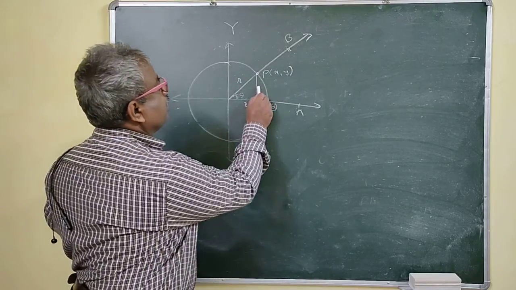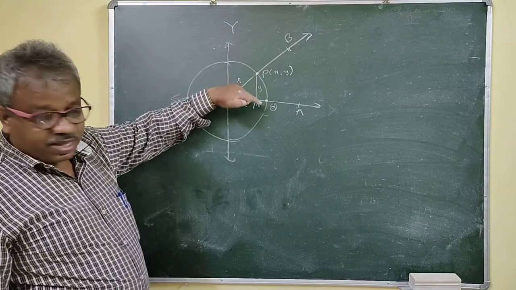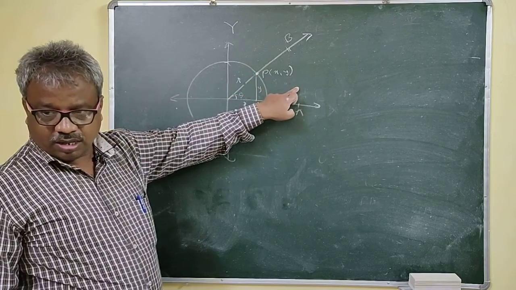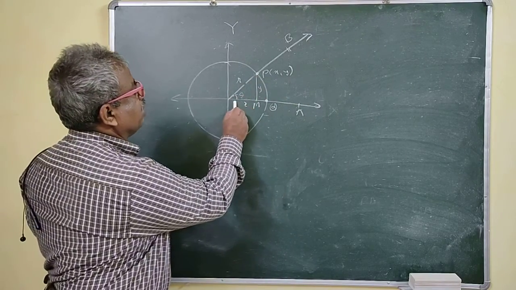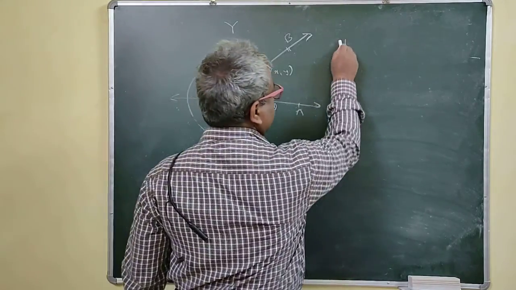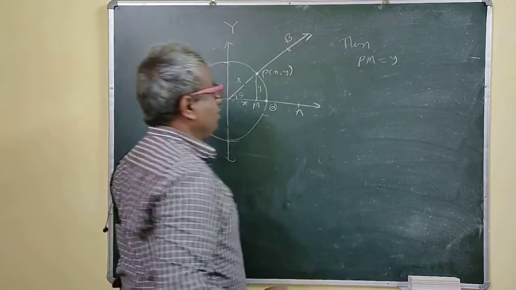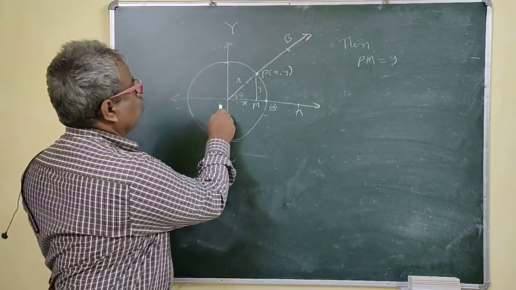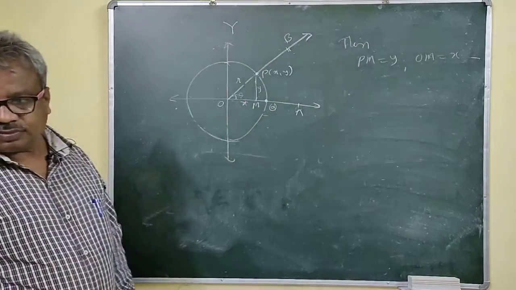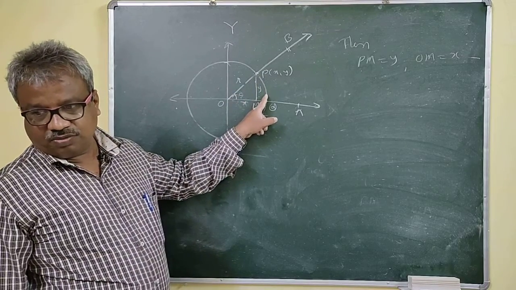So the y coordinate of point P is y. The distance from the x-axis is the y coordinate, because you know the coordinates of P. And this distance is x. So PM is equal to y, and this is your O, so OM is equal to x.